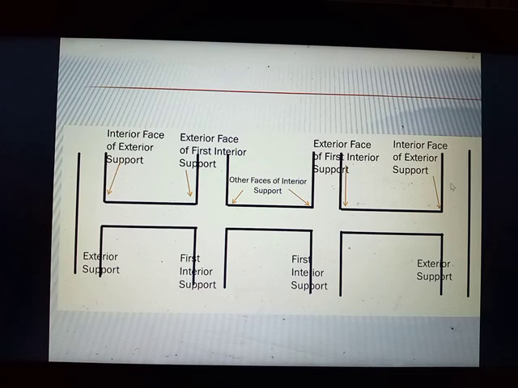So on our right side, this is the interior face of your exterior support, and this side is the exterior face of your interior support, and all the faces inside are what we call the other faces of your interior support.